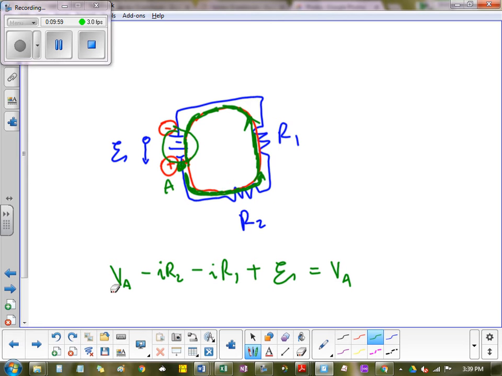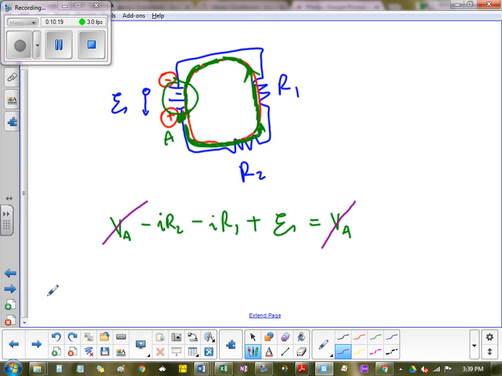Basically, you started with VA, you went around, you dropped by IR2, you dropped by IR1, you hit the EMF, and it boosted you again, and now you're right back where you started from. So you'll notice something. There's a VA on both sides of the equation, and these can cancel out. So what we're saying is, if you start at a point and then you travel around through every component of the circuit and you end up back at the exact same point you started, you've experienced no potential change.